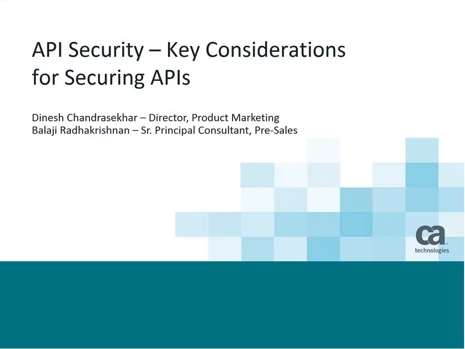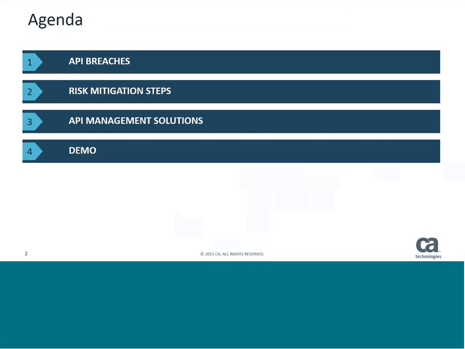APIs need to be secured if you have a wide range of consumers across multiple devices and channels. If you are joining us today for the first time in the series of sessions happening over the next few weeks, this one is primarily going to focus on API security, the breaches, risk mitigation, and the different steps you can take to avoid such risks that you can put your APIs through.